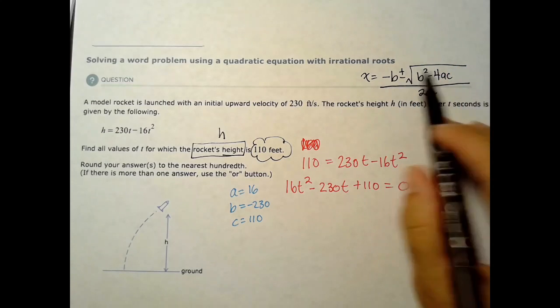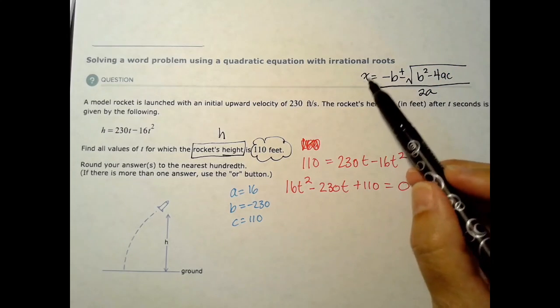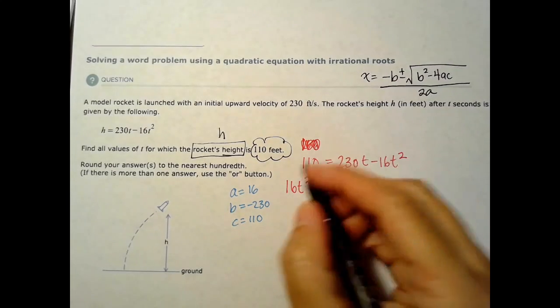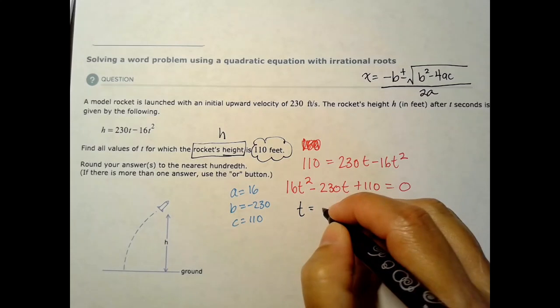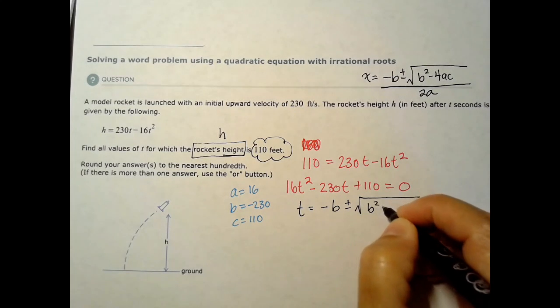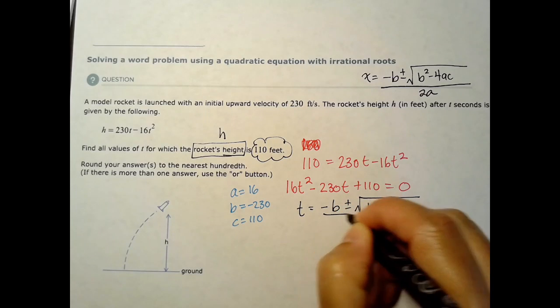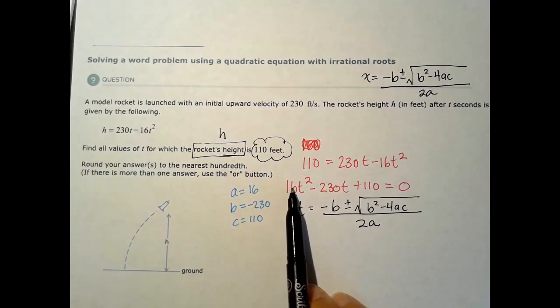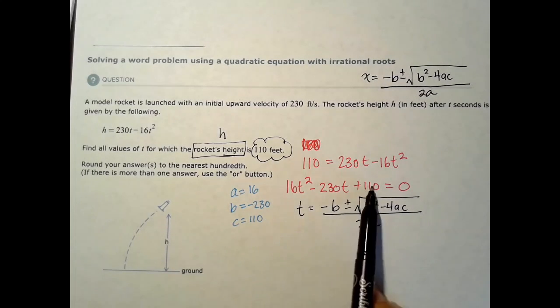The fraction bar is under the entire thing. This x just means that's the variable in the problem, and in this case it's a t. So my quadratic says t is equal to negative b plus or minus the square root of b squared minus 4ac, divided by 2a, and I was able to find my a, my b, and my c.